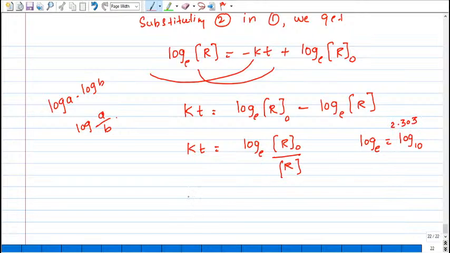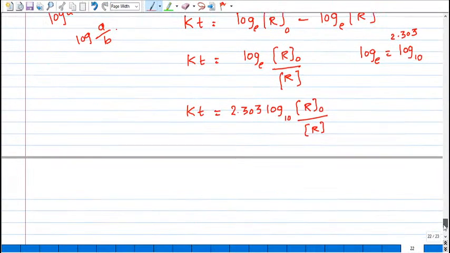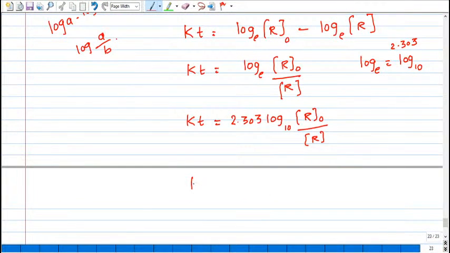And here log base 10, R naught by R. Then if you want to find the value of K, it is 2.303 divided by t log R naught by R. So this is an equation for first order rate constant.